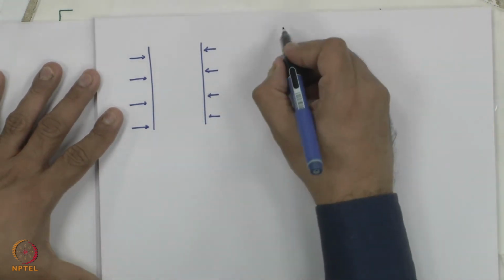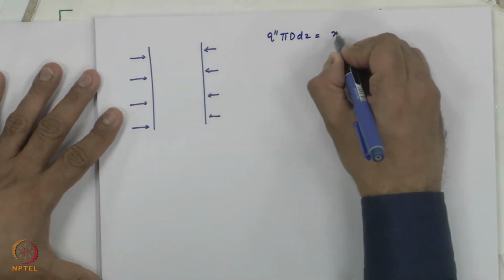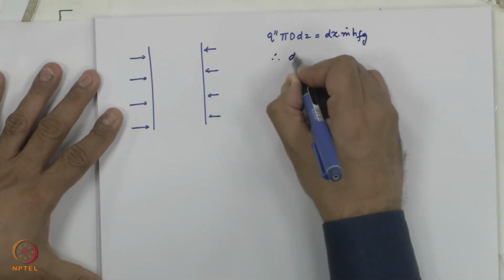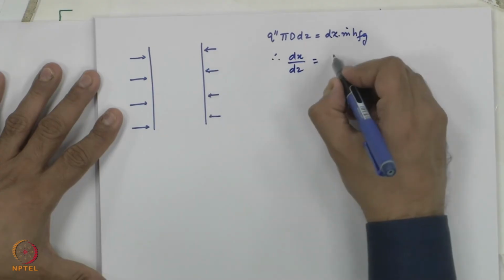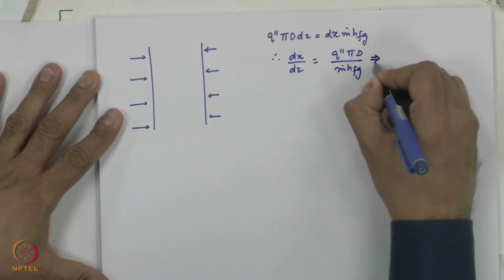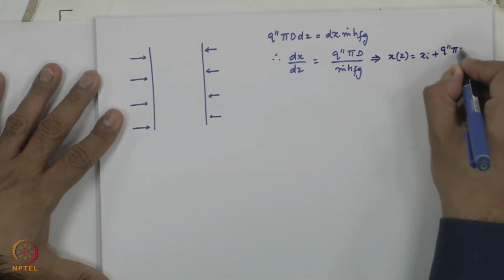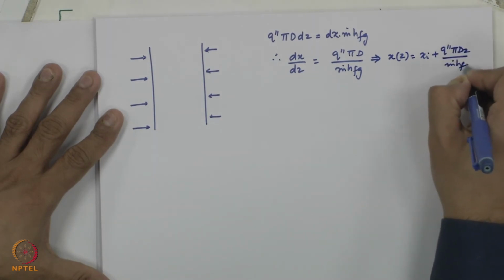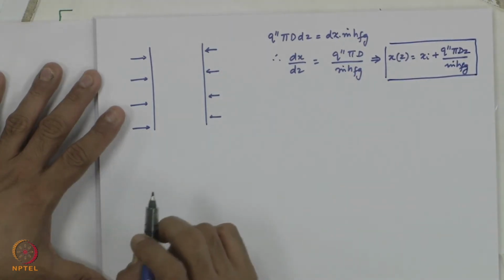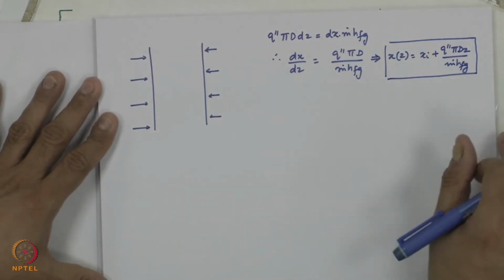So, here we have a constant heat flux situation, say q double prime pi d dz is equal to dx into m dot into hfg, and therefore, dx by dz is equal to q double prime pi d by m dot hfg, and this on integration would give you x of z is equal to x of i plus q double prime pi d z by m dot hfg. We have seen this energy balance before with several assumptions. So, my quality at constant wall heat flux situation will linearly increase because this is a straight line relationship.